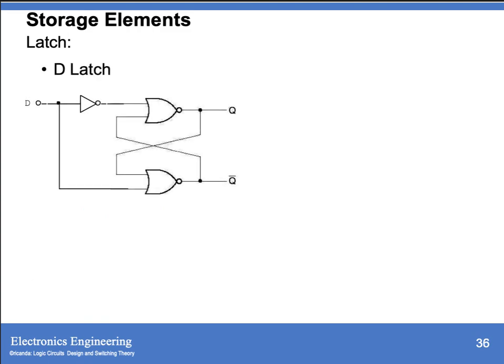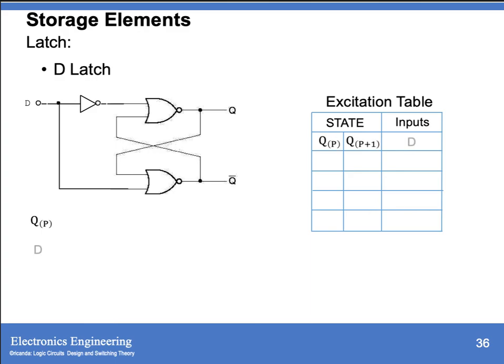For your D latch, so if we have a previous 0 going to 0, so we begin that our D is by default at 0. So if it is going to 0, then your D is also 0. If your previous output is 0, then your next output will be 1.